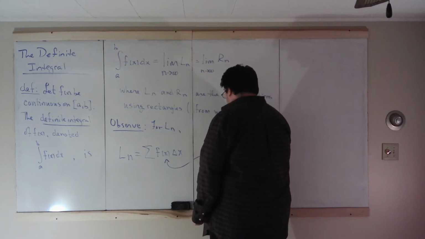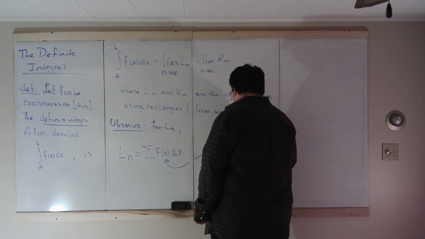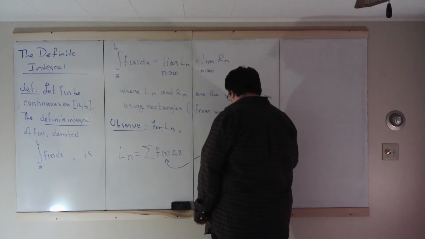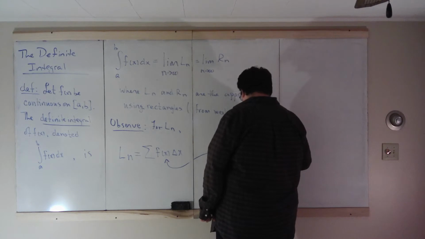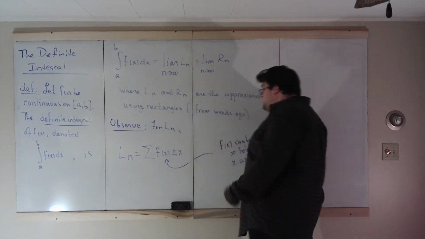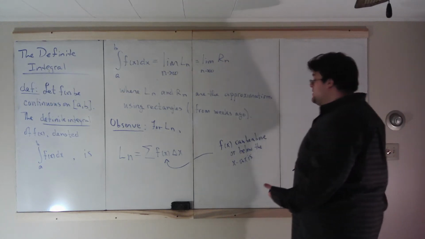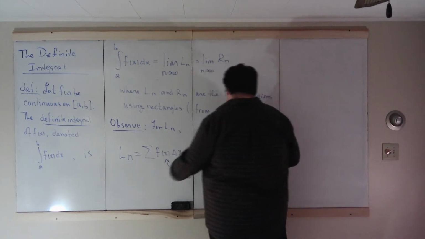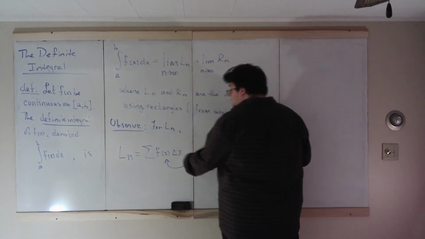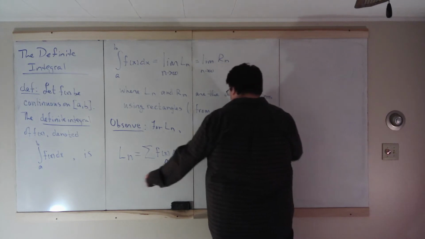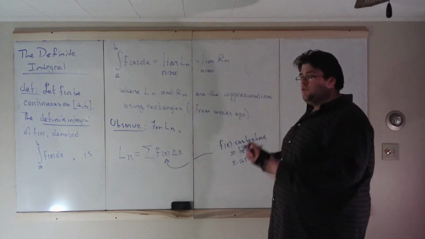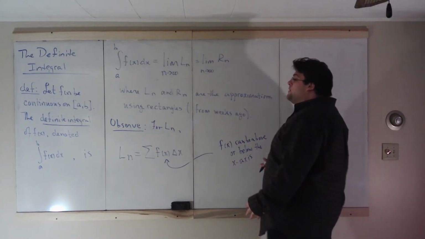So f of x can be above or below the x-axis. And because of that, if the function is above the x-axis, then f of x times delta x is positive, and this rectangle will contribute in a positive way to Ln.